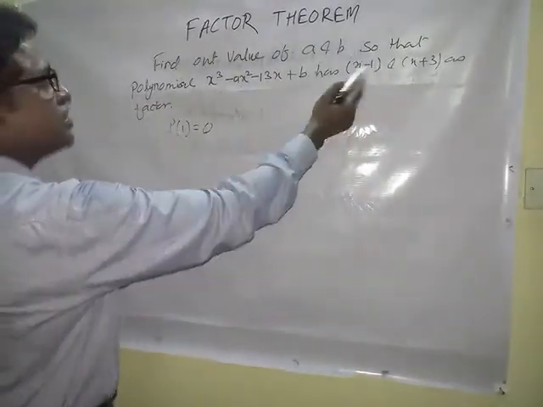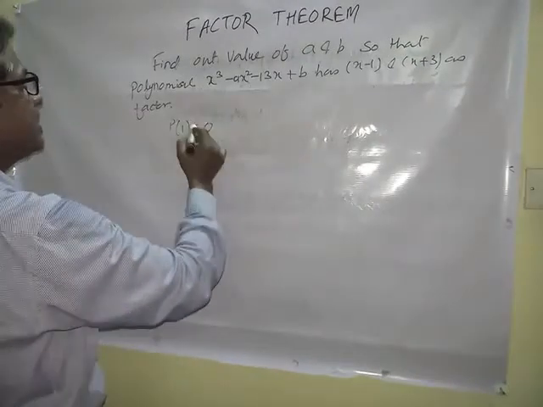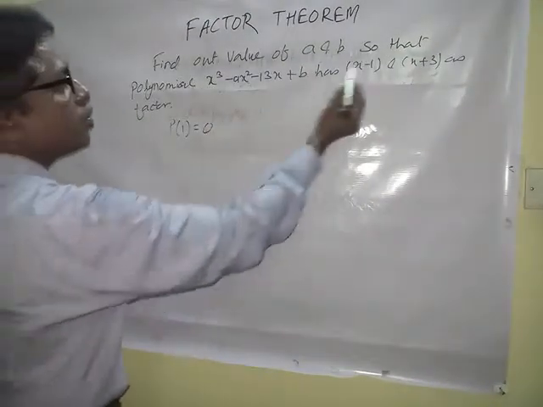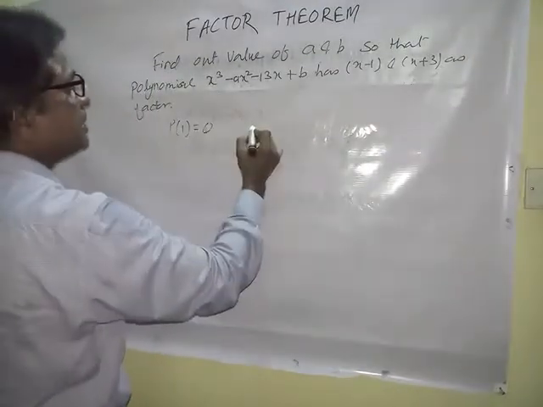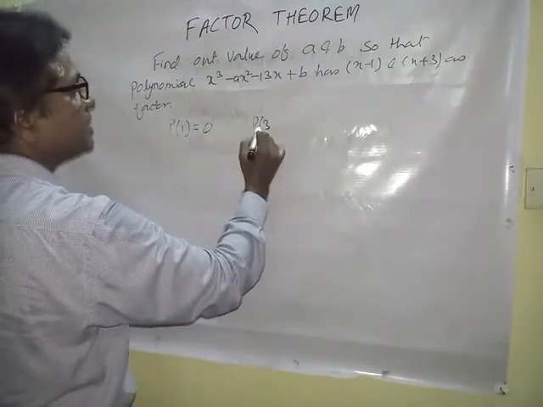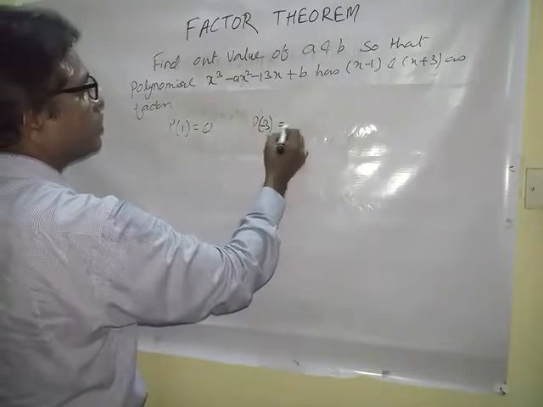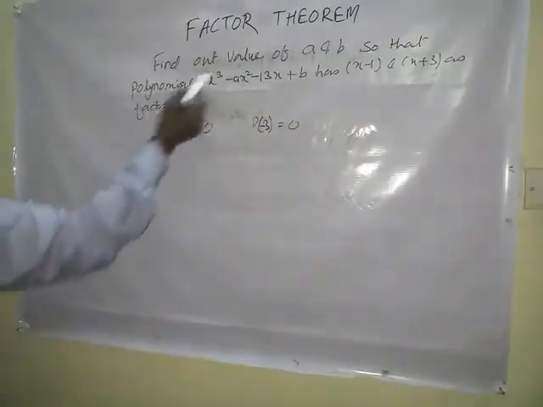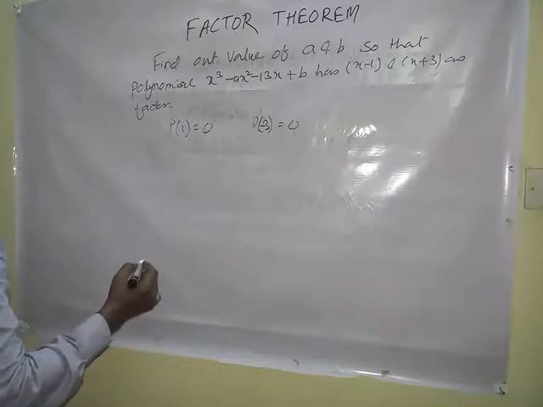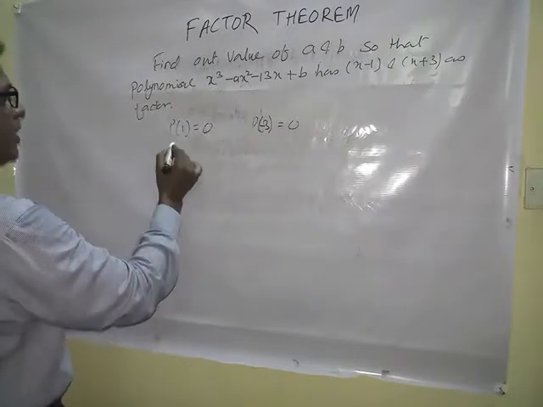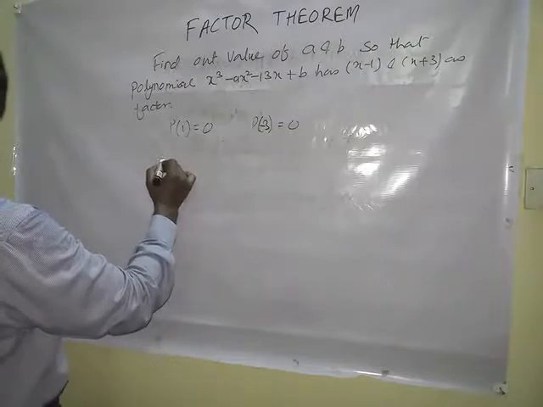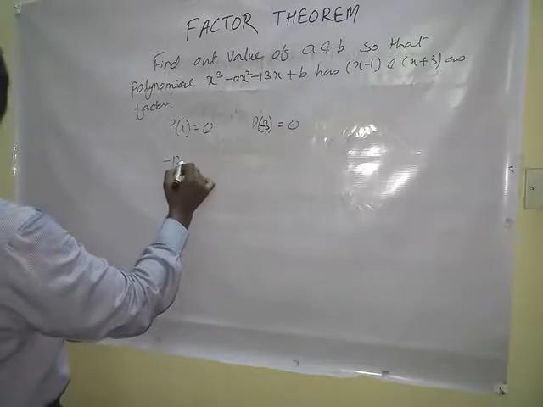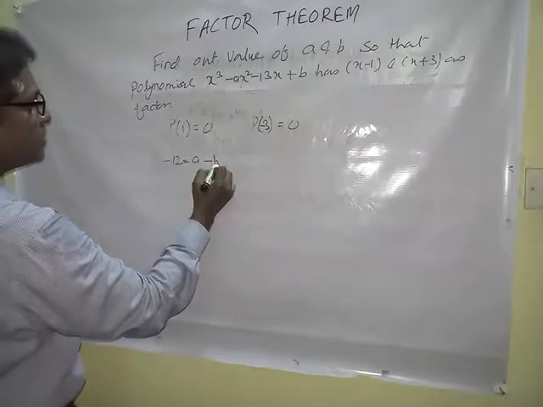And since x plus 3 is a factor of P(x), then P(minus 3) will be equal to 0. Now you will get two equations. When you find out P(1), you will get minus 12 is equal to a minus b.